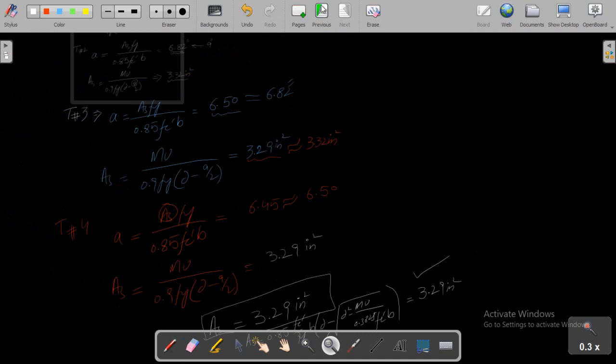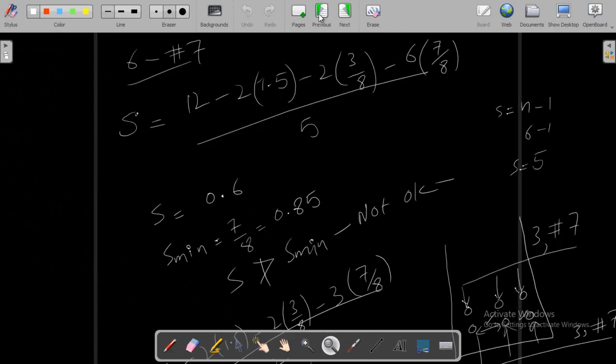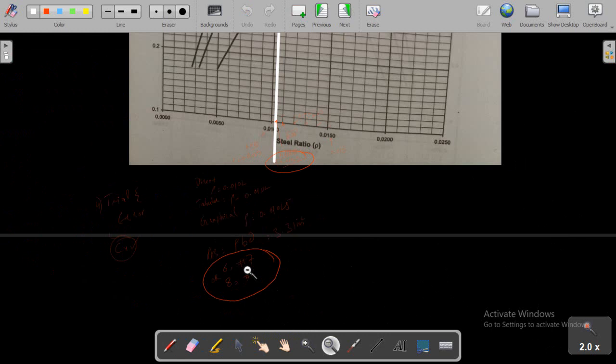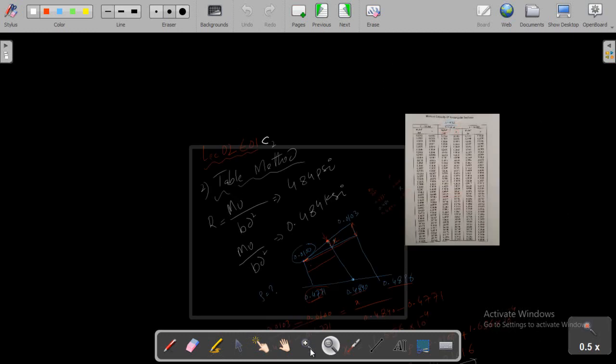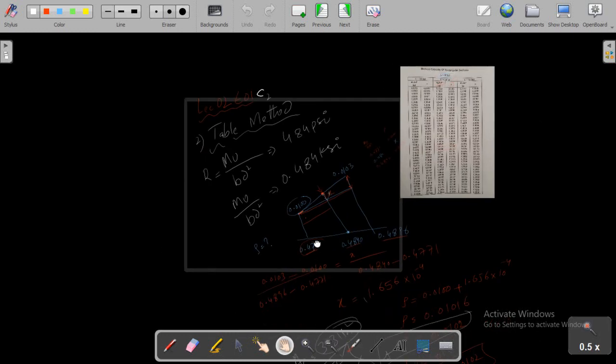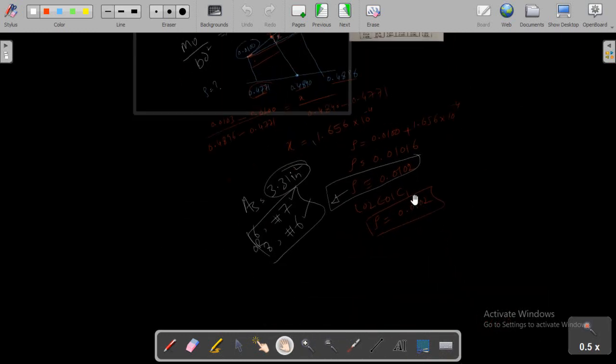And if I show you the previous methods, the graphical method gives us almost the same value, that is 3.31. The tabular method gives us 3.3, because this row is the same.